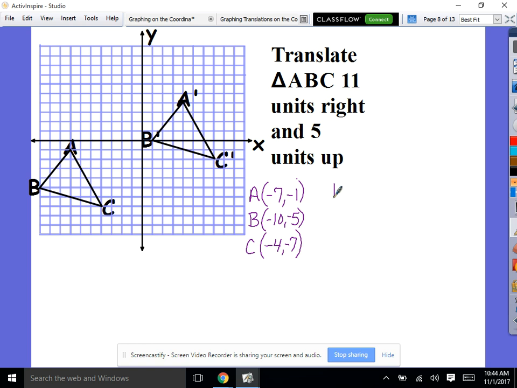Then we have a translation of 11 units right, so positive 11, and 5 units up, so positive 5. And then we have the new, or image, coordinates. A prime is positive 4, positive 4.